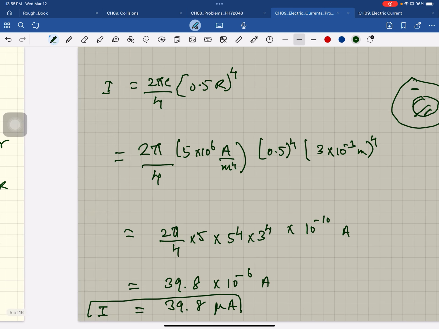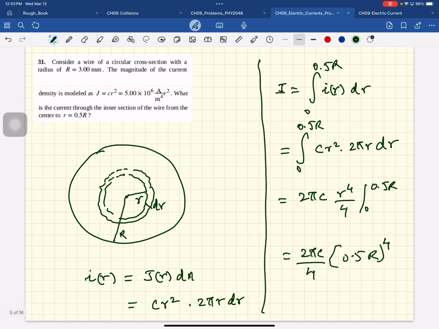See, the density is increasing with R. So there's more and more current flowing here, and the area is greater. The current will be much larger there.